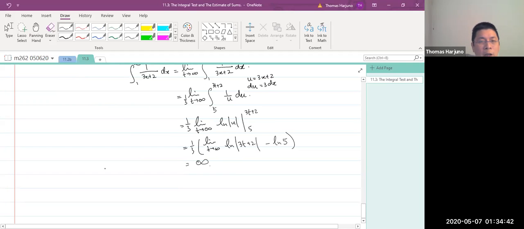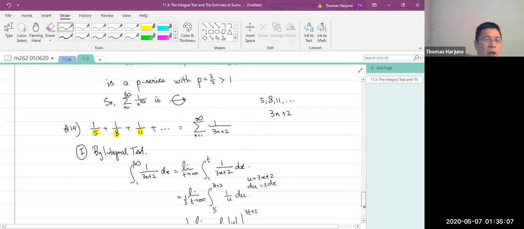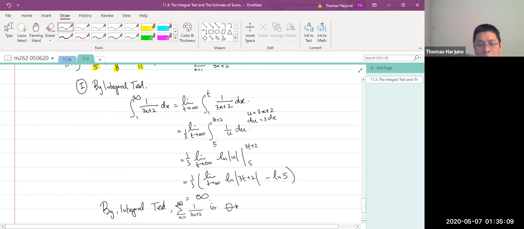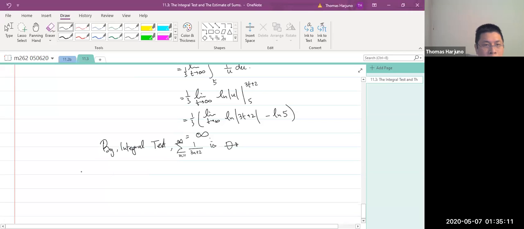Now then, by the integral test, the series 1 over 3n plus 2 is divergent. So I did the integral test, but I want to show you there's another way to look at it.